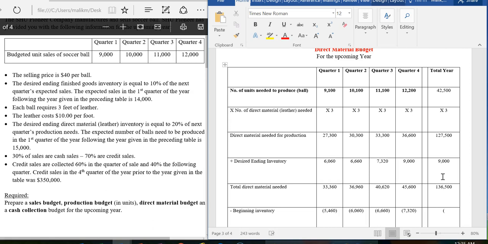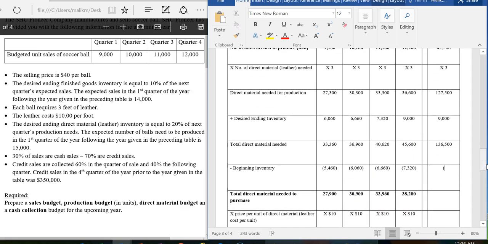Beginning inventory will be your first quarter's beginning inventory, which is 5,460. So let's subtract it. 136,500 minus 5,460, that means the actual material they need to purchase is 131,040 feet of leather.